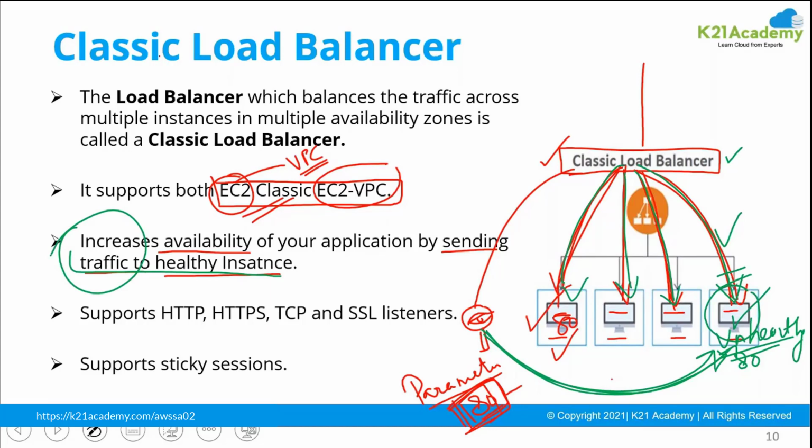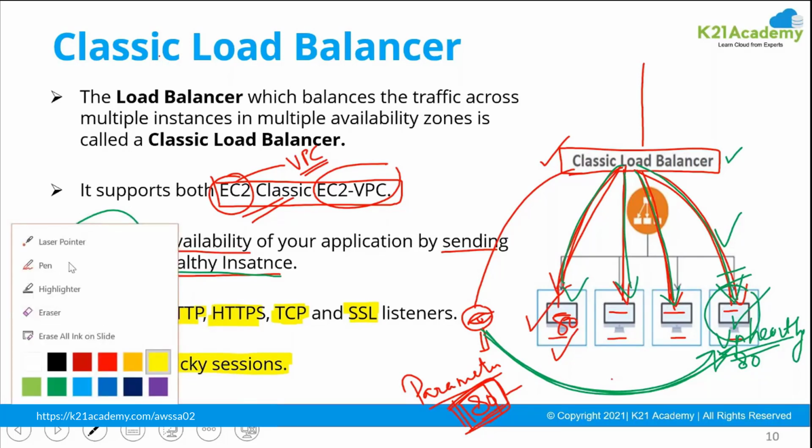The classic load balancer supports HTTP kind of traffic, HTTPS kind of traffic, TCP, and SSL listeners. These were the four types of ports which classic load balancer was supporting for balancing the traffic. And then it also supported sticky sessions, which is also there in other type of load balancers also.